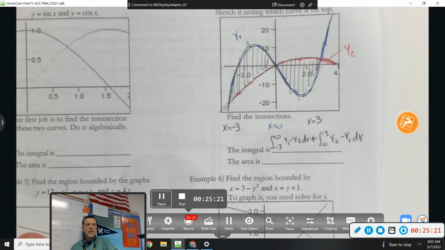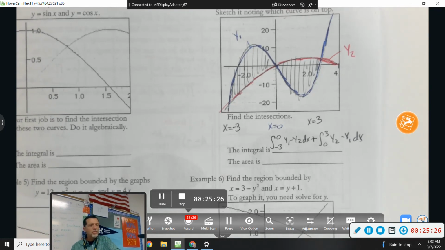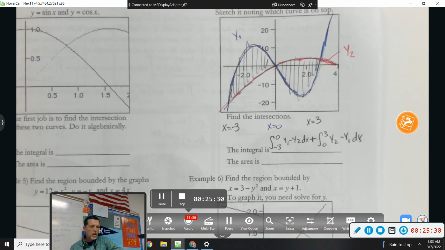Because there's a different top, different bottom for each little piece. All right, let's leave that because that's just a bunch of typing into the calculator at that point.